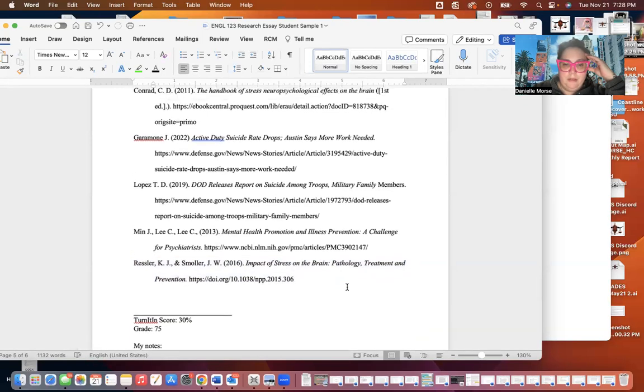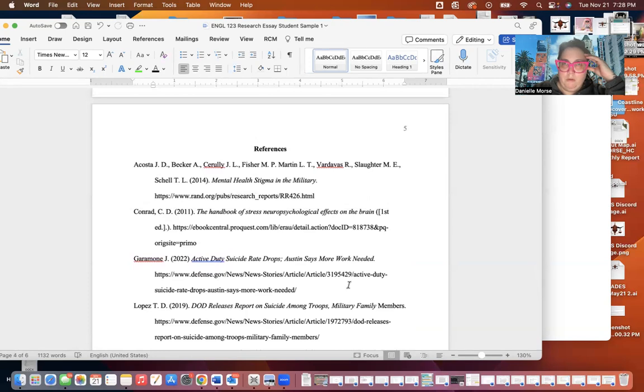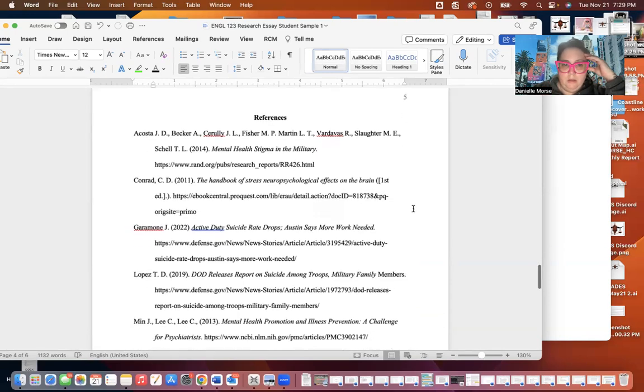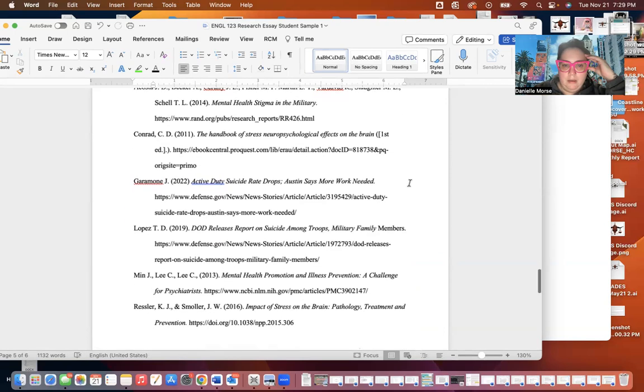There are some things that are using title case that should be in sentence case. So that's generally what I'll be looking for on the references page, is making sure that there's 5 sources, that they are high quality. Are these all high quality? Would I argue that? I think for the most part, yes.